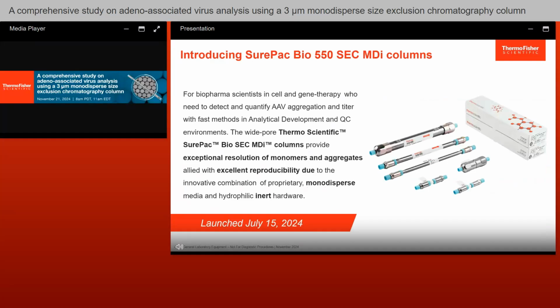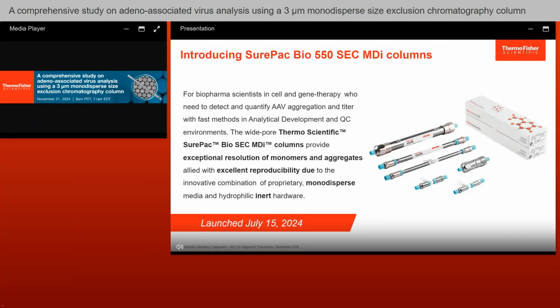The new SurePack Bio 550 SEC MDI columns were developed for you as biopharmaceutical scientists in cell and gene therapy to help quantify and identify aggregates and monomers in your methods for analytical development and QC. This new wide pore SEC column is going to provide exceptional resolution of monomers and aggregates.